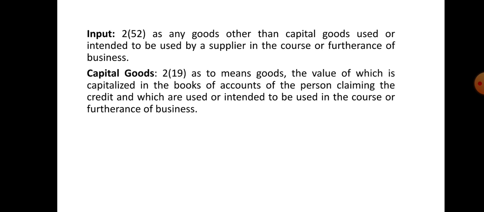One is nil rate, that is supplies taxable at a nil rate of tax. Second, supplies that are wholly or partially exempted from CGST or IGST by way of a notification. And third is the non-taxable supplies, as defined under section 2 subsection 78, supplies that are not taxable under the act.